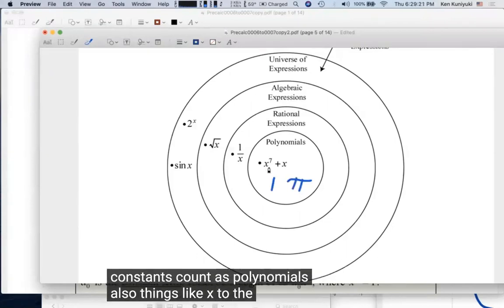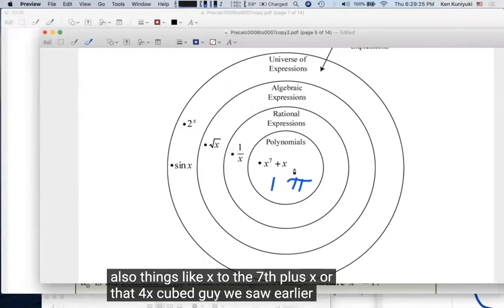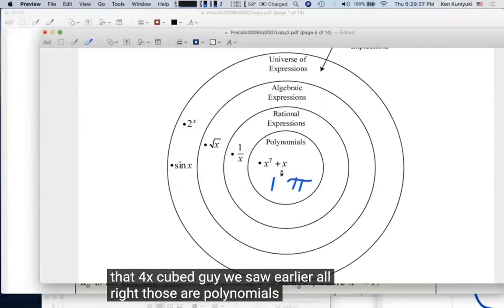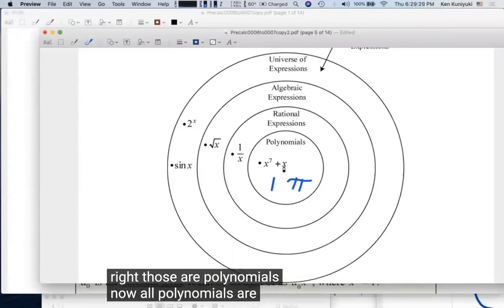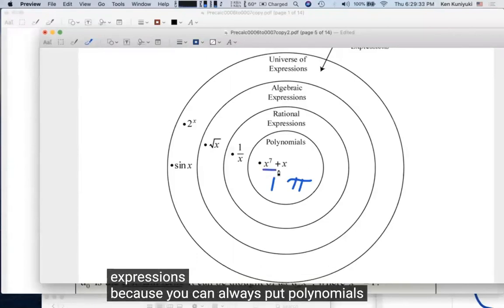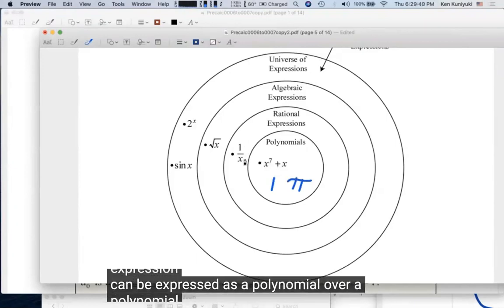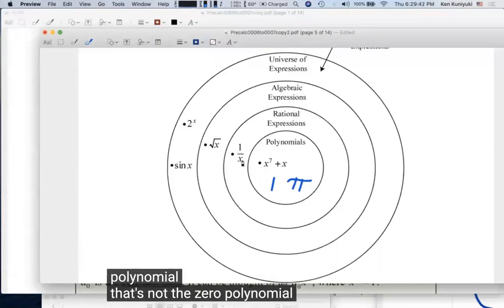Also things like x to the 7th plus x, or that 4x cubed guy we saw earlier. Those are polynomials. Now, all polynomials are also rational expressions, because you can always put polynomials over 1 and get a rational expression. A rational expression can be expressed as a polynomial over a polynomial that's not the zero polynomial.